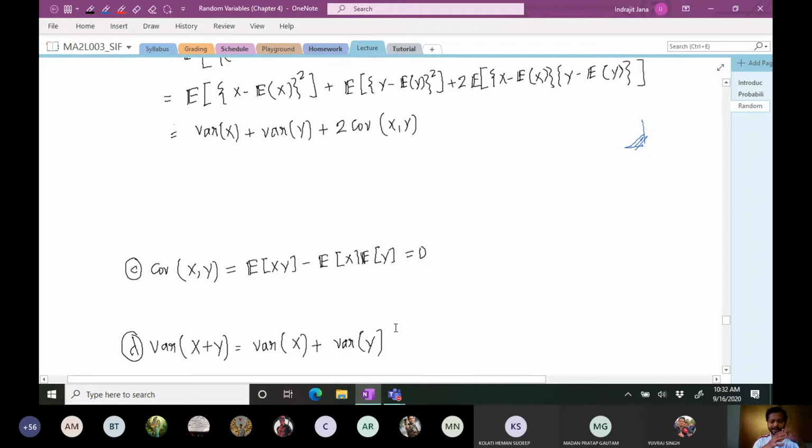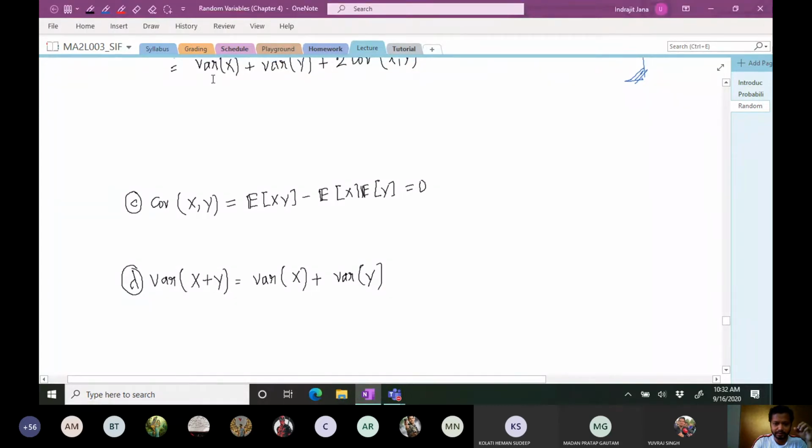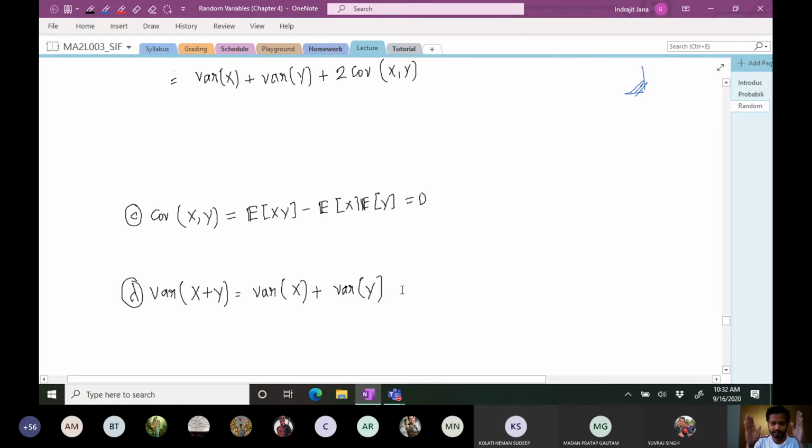Okay, so in part D it is written that variance of x plus y is equal to variance x plus variance y. Now if you are wondering, previously I wrote variance of x plus y is equal to variance x plus variance y plus 2 times covariance of x and y, but that term is not there in part D. It is not there because if I assume that x and y are independent, then I can simply write variance of x plus y is equal to variance x plus variance y.